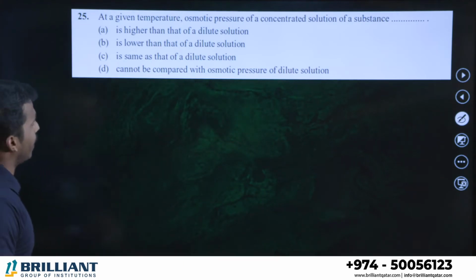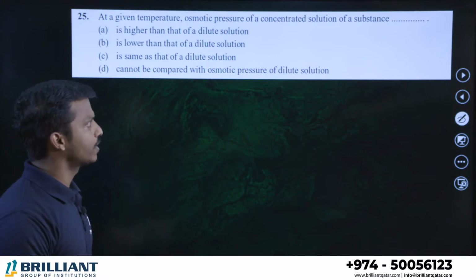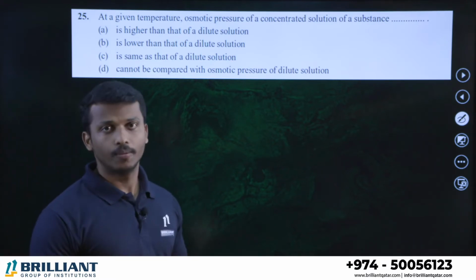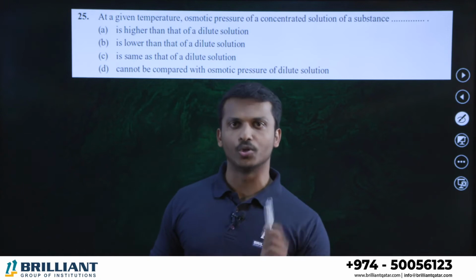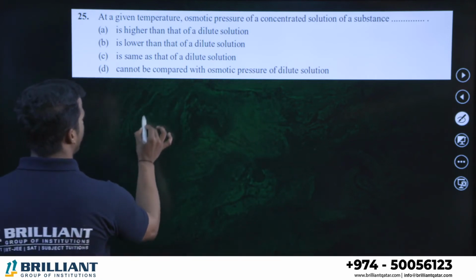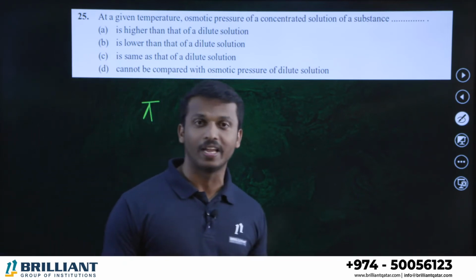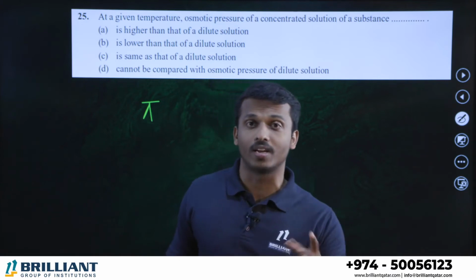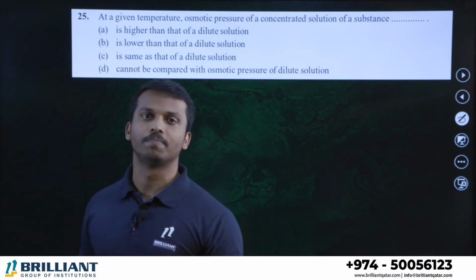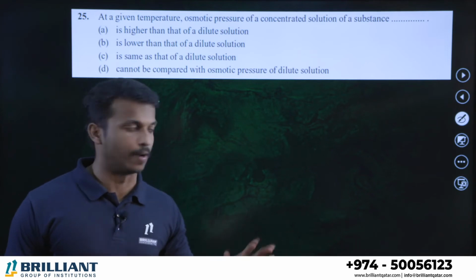Next one. Question number 25: at a given temperature, the osmotic pressure of a concentrated solution of a substance is. You know, it's related to the chapter solutions, colligative properties. Osmotic pressure pi is a colligative property. What is a colligative property? It depends on the number of particles, not on the nature of the particles. So the more the number of particles, the more the osmotic pressure.